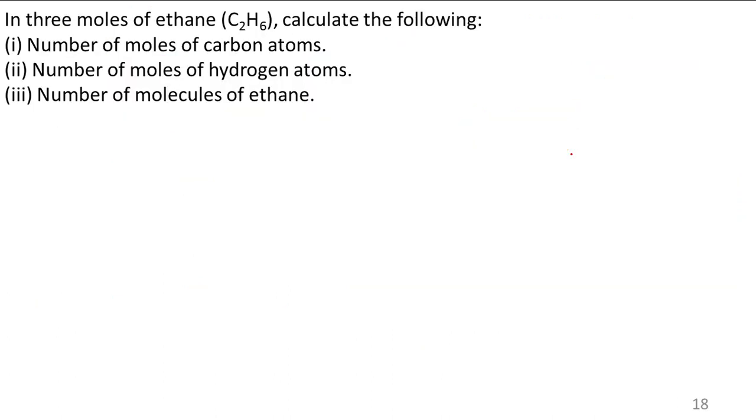Next numerical is, in 3 moles of ethane, ethane has this formula, calculate the following. First thing we have to calculate the number of moles of carbon atoms. Let us see. Write ethane. Now this is a single molecule of ethane.